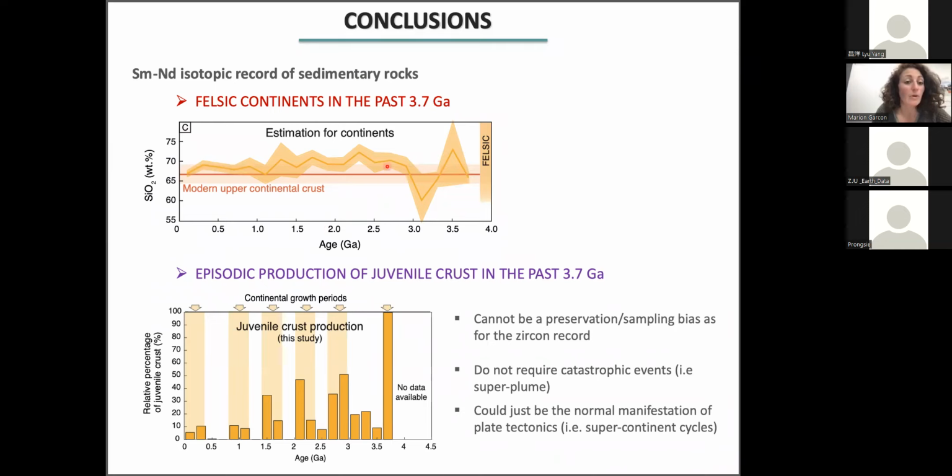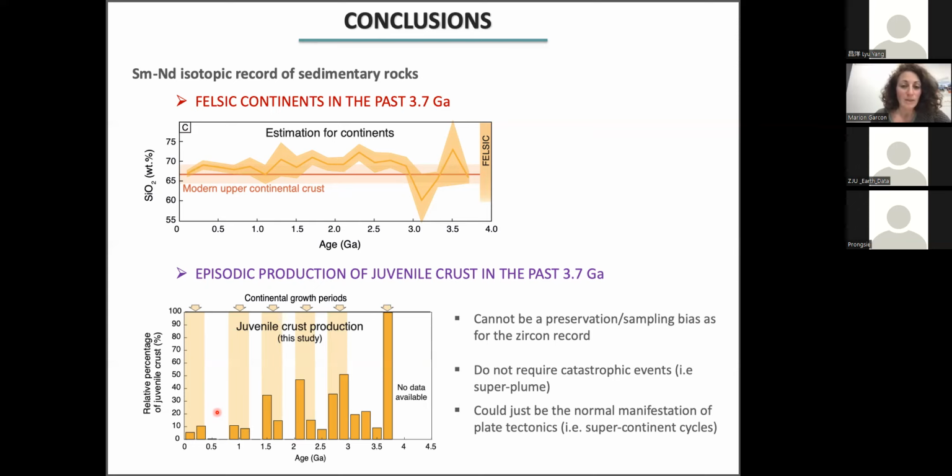They have always been felsic in the past 3.7 billion years, according to this record, of course. And the second main result is that the production of juvenile crust was episodic and not continuous. It's not clear why it is episodic, but this is something that we will have to take into account in future interpretations.